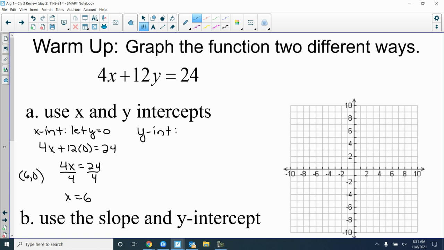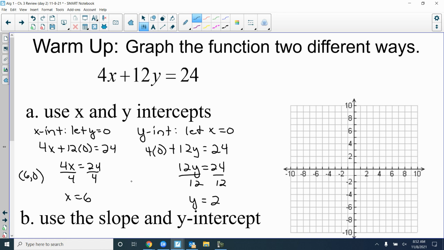Y. I let y equal 0. So for the y-intercept, what do you think I'm going to let equal 0? X. Yep. Let x equal 0. So you take 4 times 0 plus 12y equals 24. Now that's going to give me 12y equals 24. Divide by 12, divide by 12. I get y equals 2, which is 0, 2.